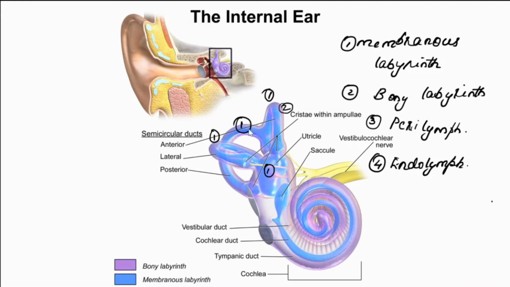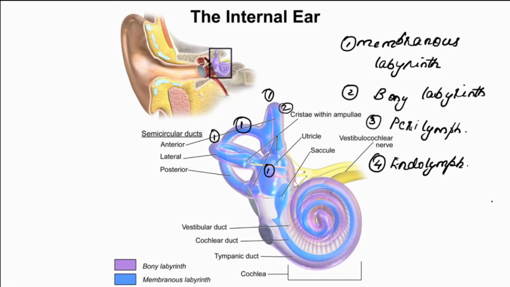Membranous means this blue portion, and that light pink portion is called the bony labyrinth. Between the bony labyrinth and the membranous labyrinth, there is a space filled with a fluid called perilymph. And what is endolymph? Endolymph is the fluid filled inside the membranous labyrinth.